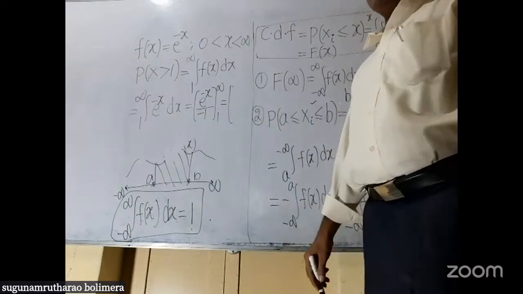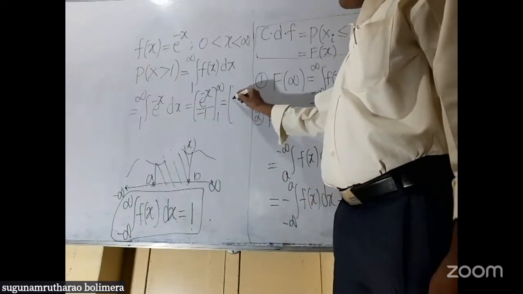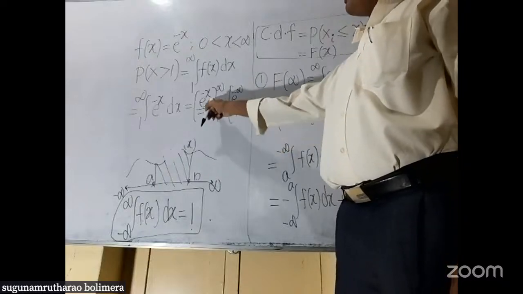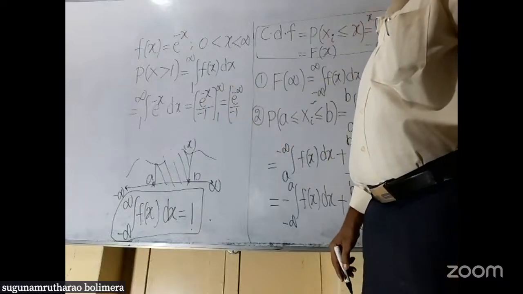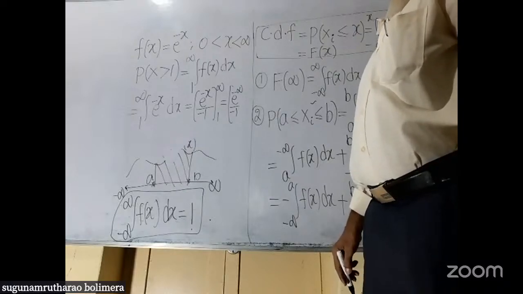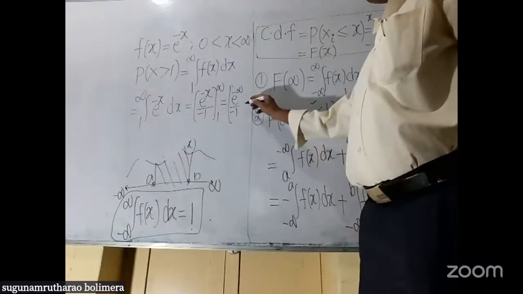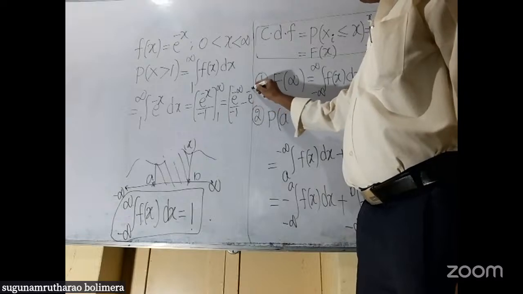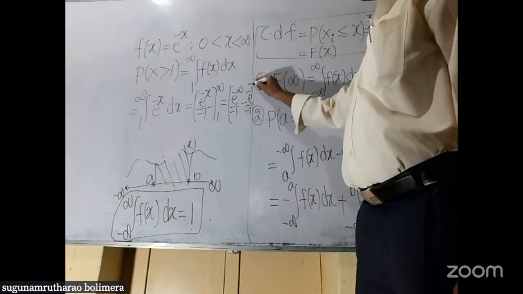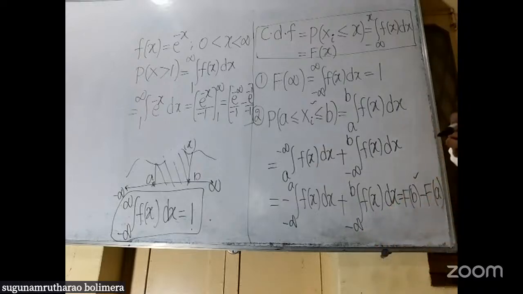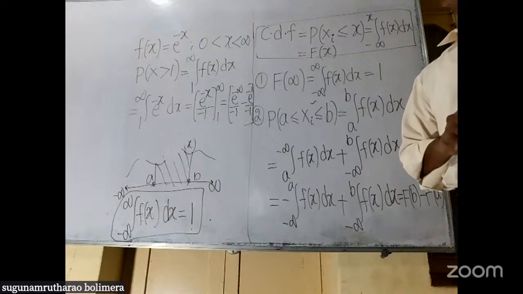So if you write the upper limit, e power minus infinity by minus 1, minus the lower limit value, e power minus 1 by minus 1. Speak out. Tell me the answer.